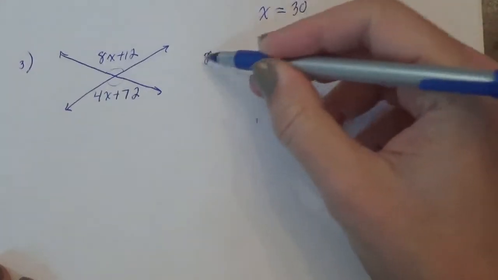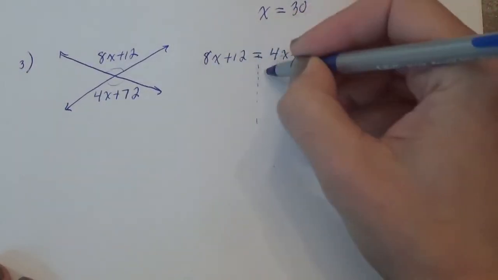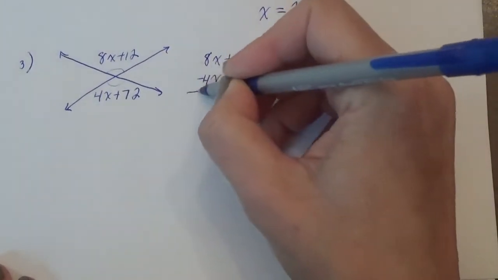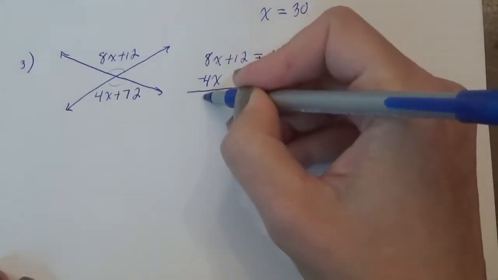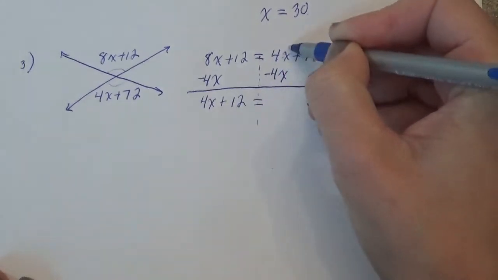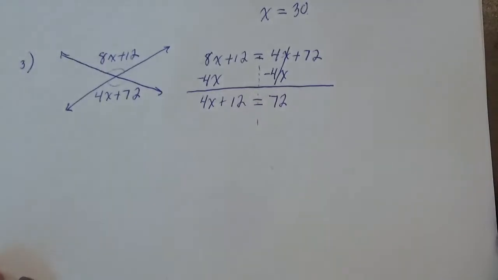We've got x's on both sides. I usually subtract the lower one so I don't have to deal with negatives. I showed you in the other video, it doesn't really matter. 8x minus 4x is 4x. Bring down the plus 12. This is gone. I'm left with a positive 72.